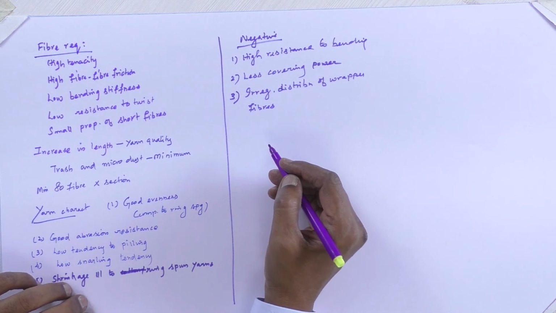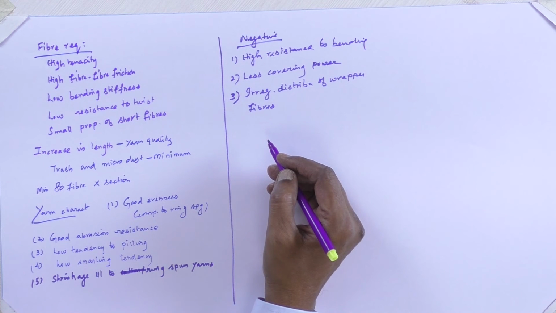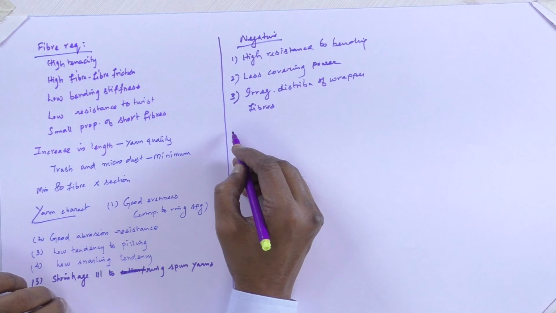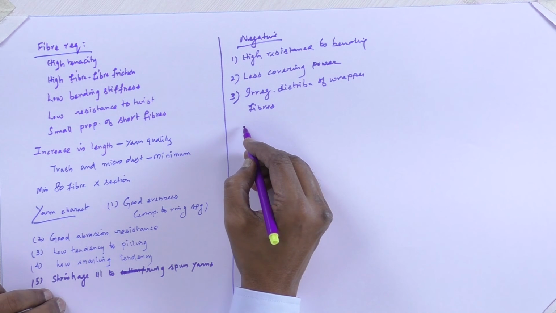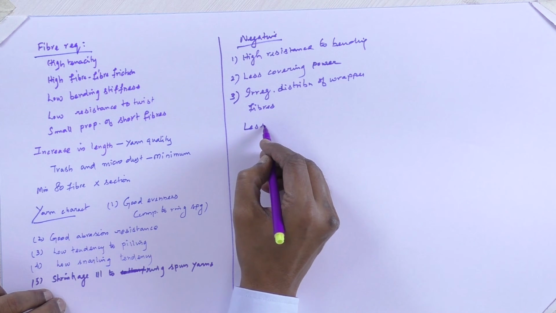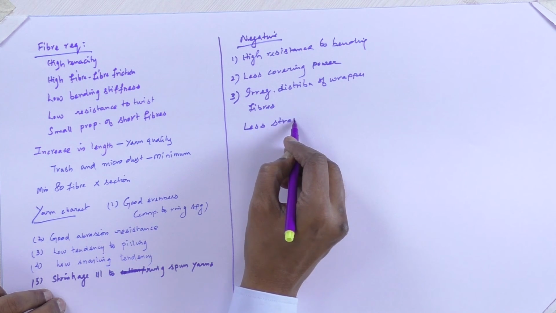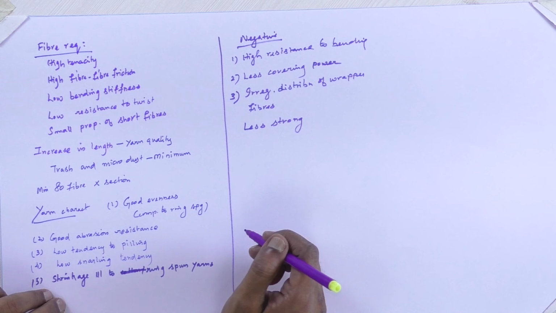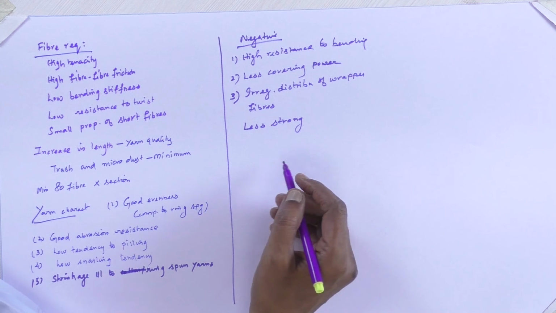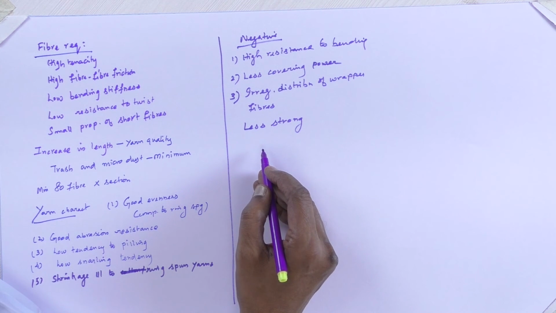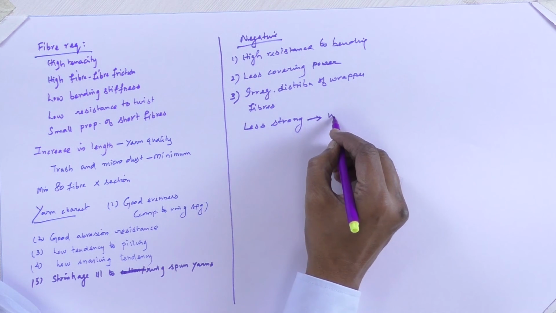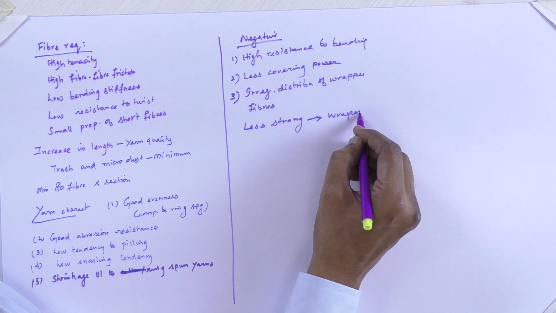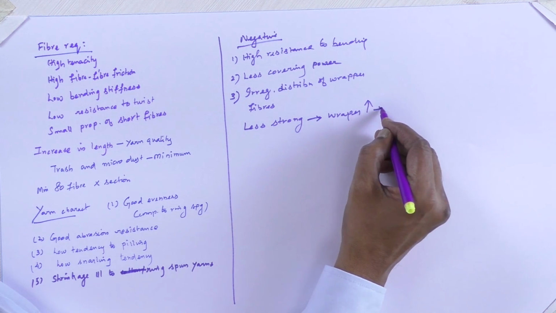Already we have seen the yarns are less strong. Can we increase the strength of the yarn? Yes, it is possible. If we increase the number of wrapper fibers, the strength can increase.